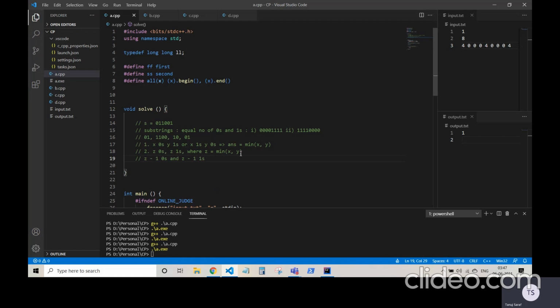This is still a valid substring. So overall, how many substrings would we have for this particular configuration? We would have z such substrings. So this is all that we have to do. We have to count the length of each contiguous segment of zeros and the length of each contiguous segment of ones, and we would just keep pairing the adjacent 0, 1 pairs or 1, 0 pairs.